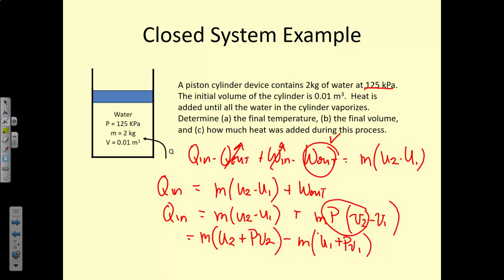And then follow my work, that's mass times H2 minus H1, because these here can be combined into enthalpy.